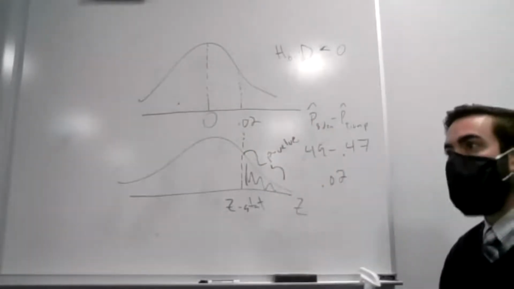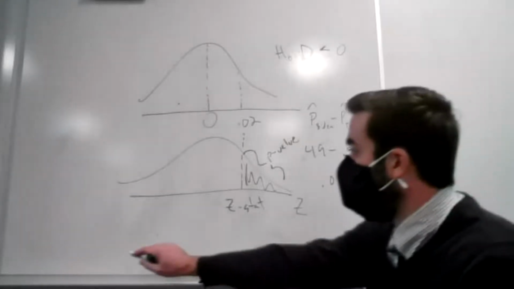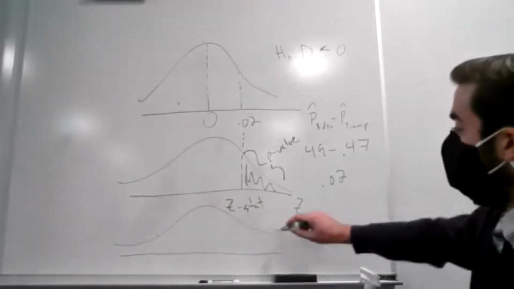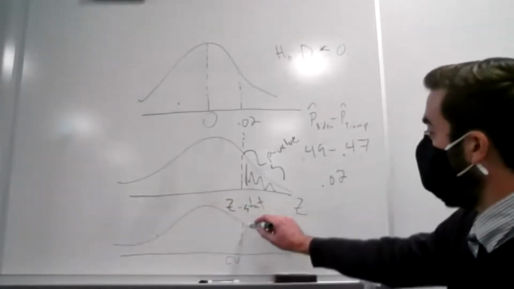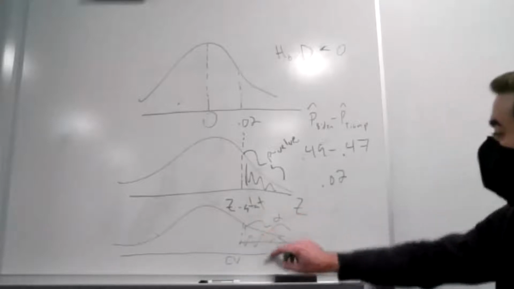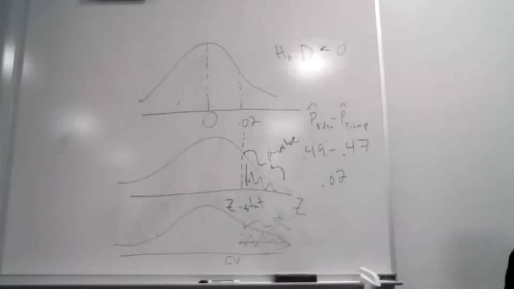If we want to find the critical value approach, we would then go to that same standard normal distribution, but instead, we would want to find the critical value that would give us alpha in the tail, figure out our rejection region, and then plot our test statistic against it. Okay? So we don't have to do both, but we're going to.